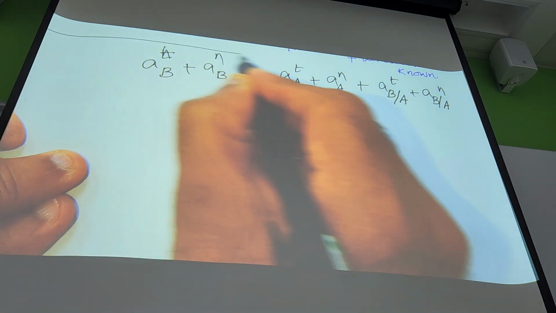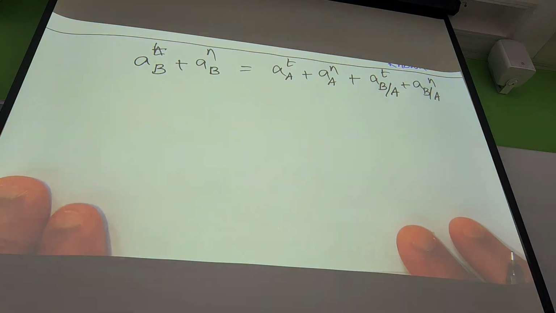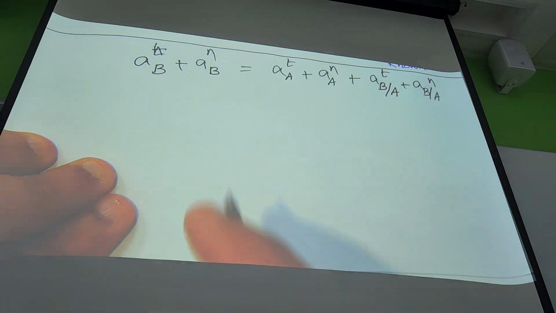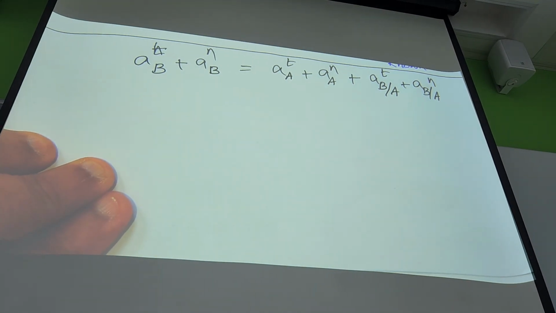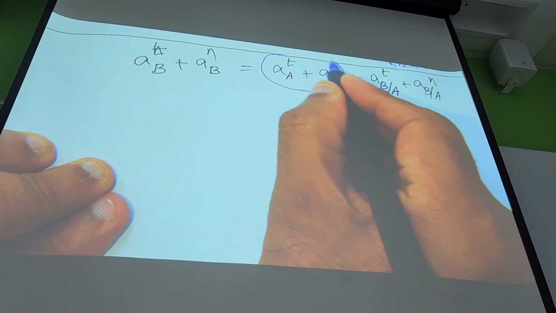Okay, so this is the guiding equation. From this you know both complete information.